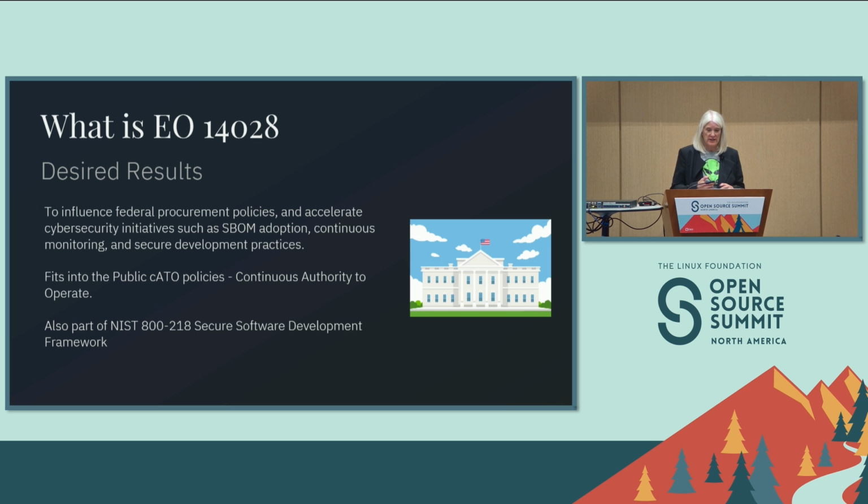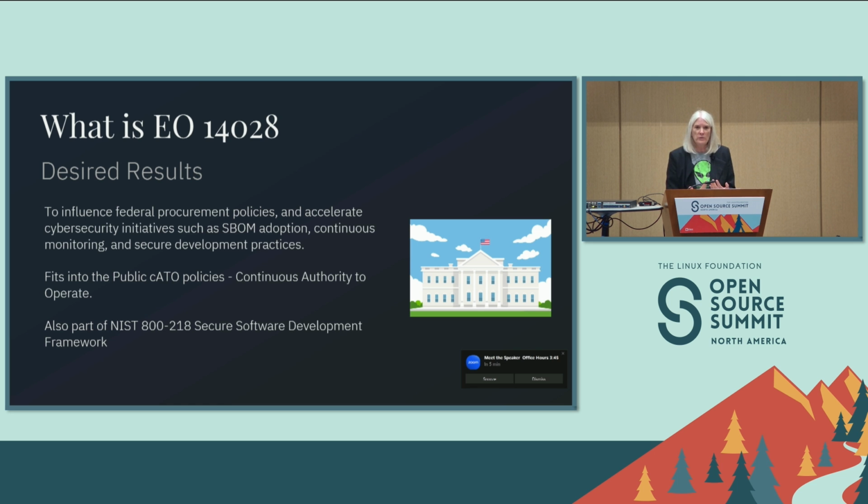The result of this order was to really influence the procurement policies around how software is being consumed by the US government and understanding what is being added to the risk stack when it comes to open source packages. The idea is to do this continuous vulnerability or a continuous authority to operate.